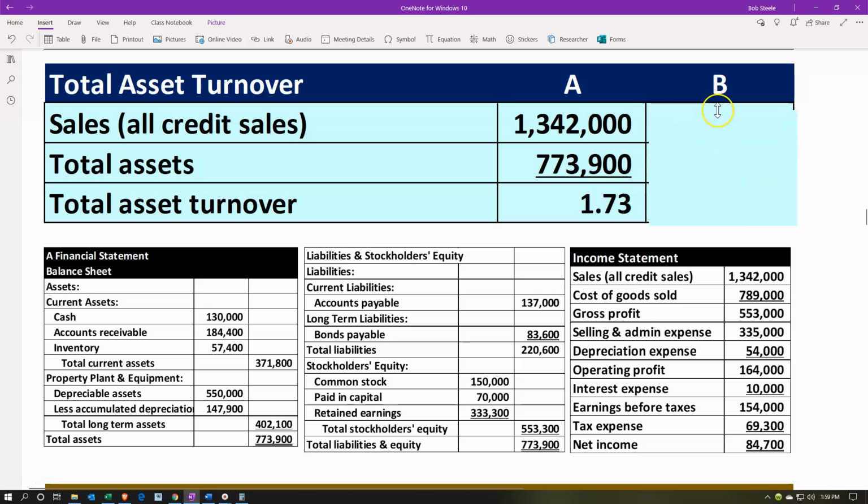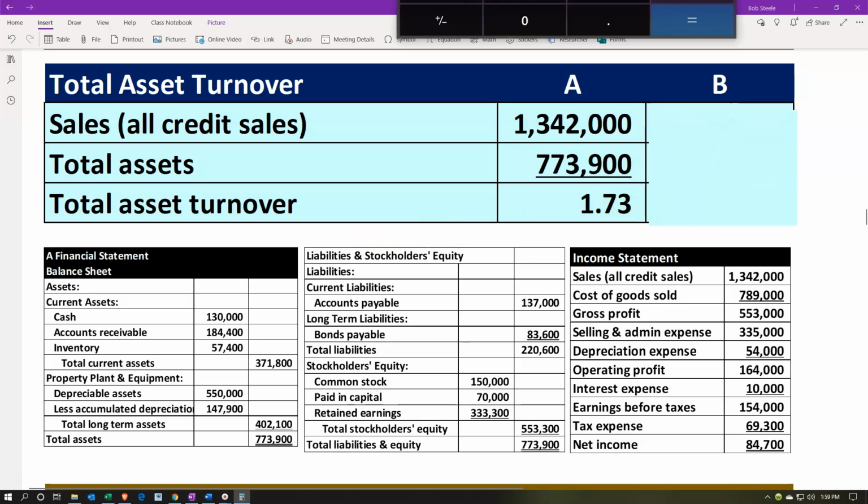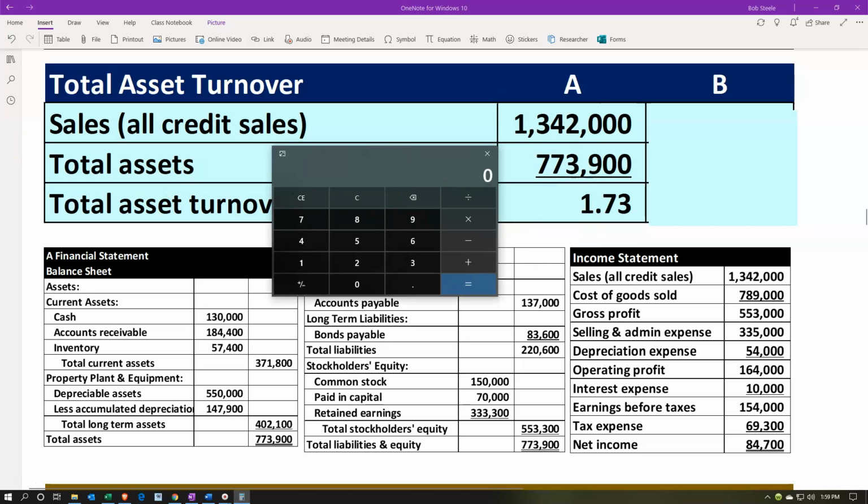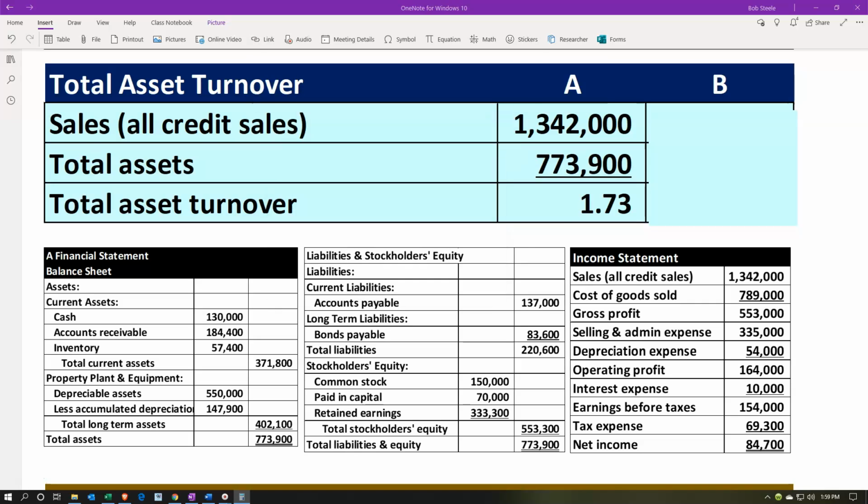We're not looking at those yet. All right, and then that's going to give us the total assets turnover. So if we do the calculation here, this is the 1,342,000 divided by 773,900. That gives us 1.37, and the 1.37 is the total asset turnover.